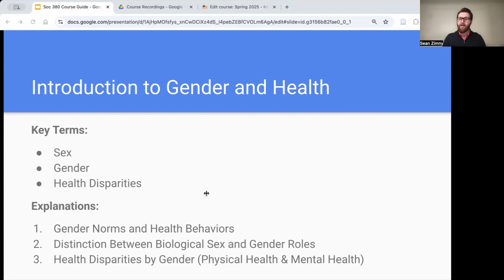So which can have both positive and negative outcomes. So for instance, women may be more likely to receive and seek out preventative care, but they might also face more medicalization of normal life events. Remember, we talked about what medicalization meant, the over-medicalization of potential life events like pregnancy and menopause and things like that.